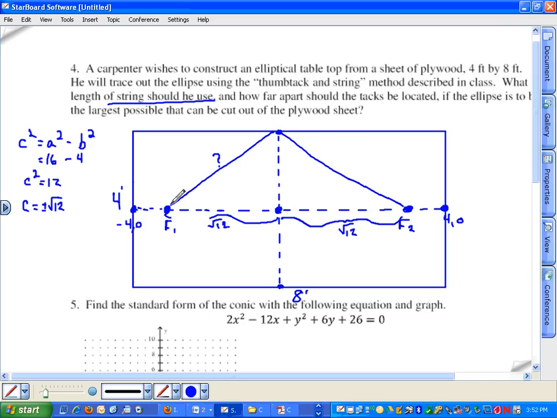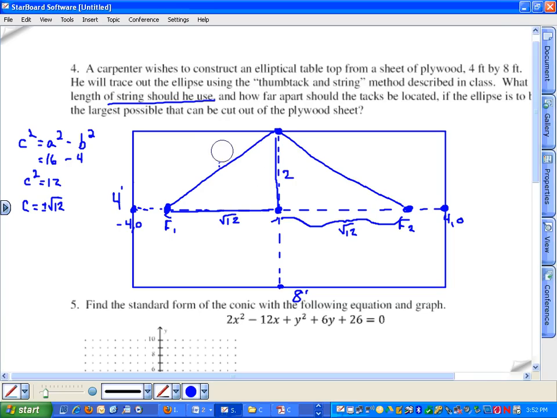Now we can figure out this distance from this focus here up to that point using the Pythagorean Theorem. From here to here is the square root of 12. From here to here is 2. Okay, this is the square root of 12. So the Pythagorean Theorem says a squared plus b squared equals c squared. A squared is 12. B squared is 4. 12 plus 4 is 16.